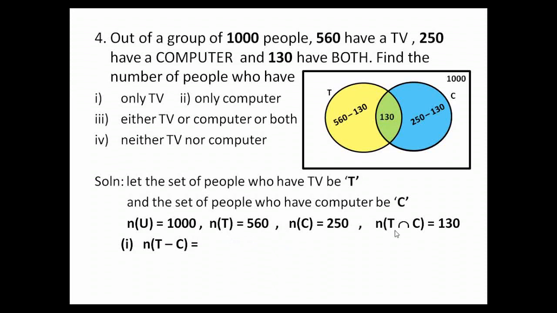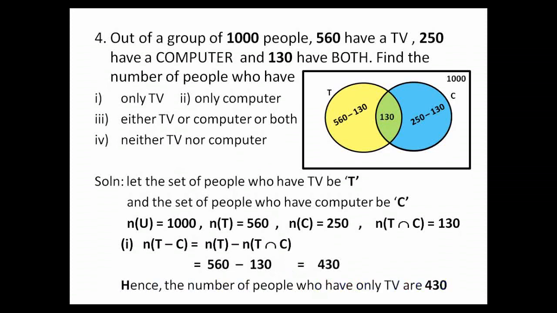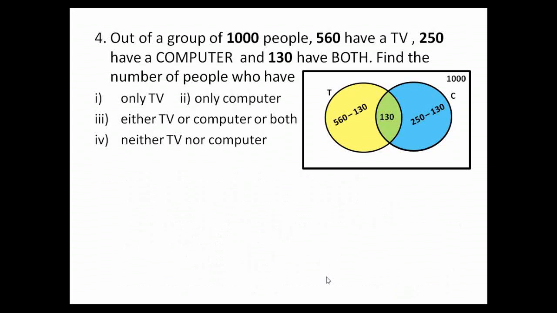So NT minus N(T intersection C) will give you the number of people who have only TV. So 560 minus 130 will give you 430. Hence the number of people who have only TV are 430.